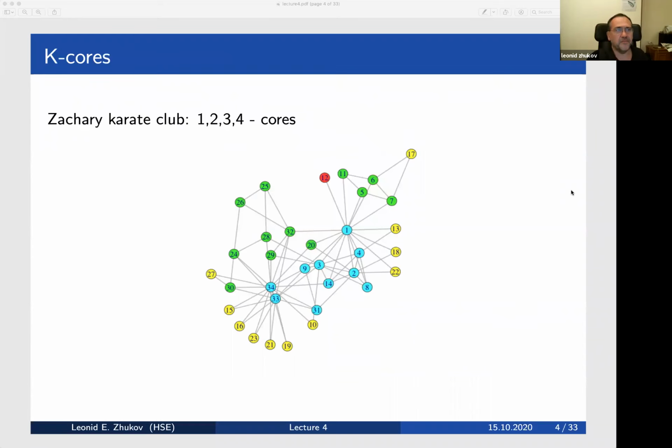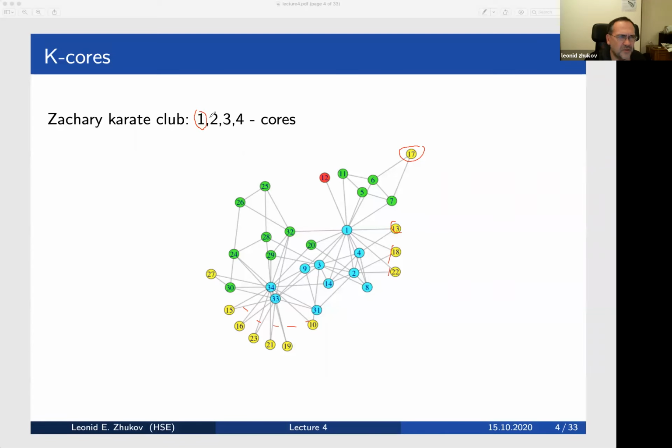So here's an example. This is the Zachary Karate Club, and I think we looked at this graph before. This is a K-core decomposition run on the Zachary Club. And so it is color-coded, actually not by cores, but by shells. And so this is shell 1, right? So here it is, all those nodes.